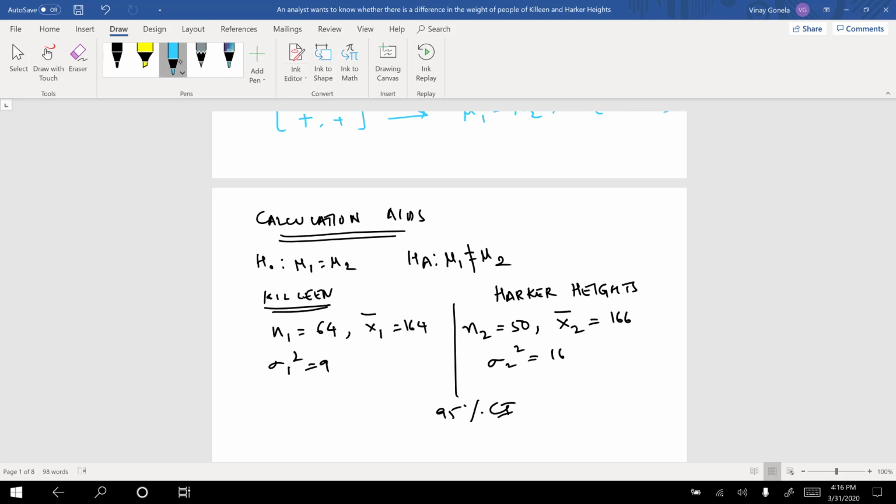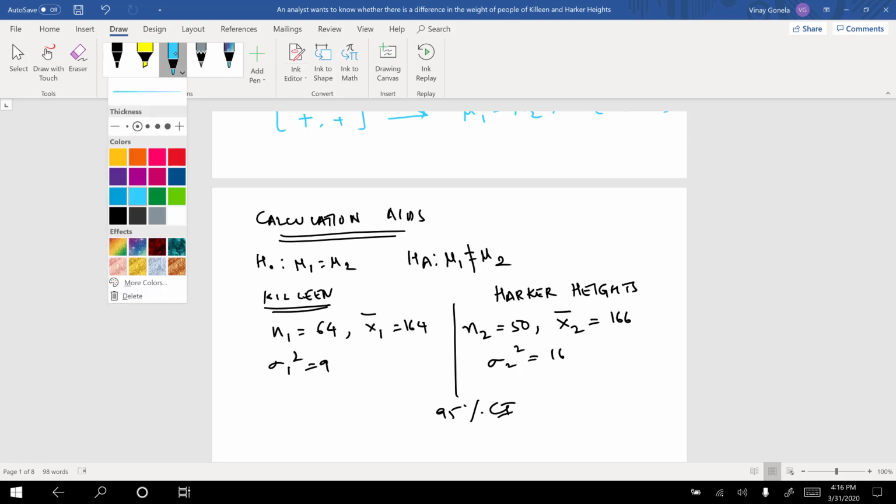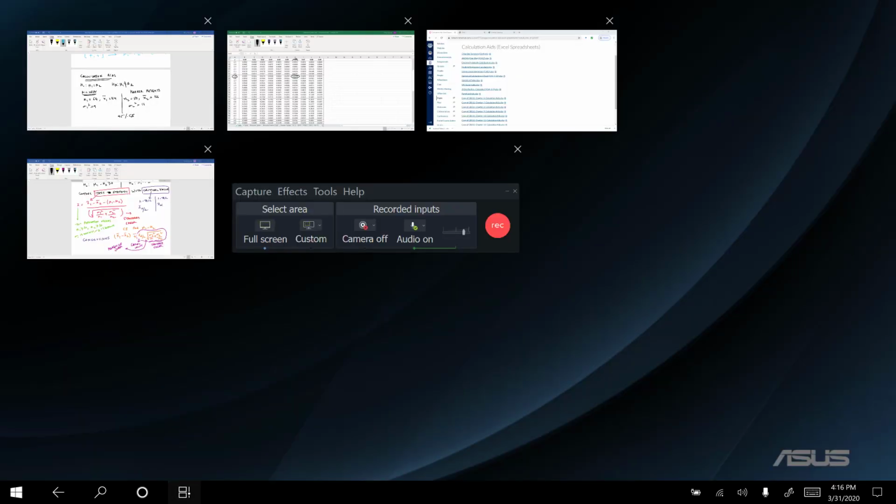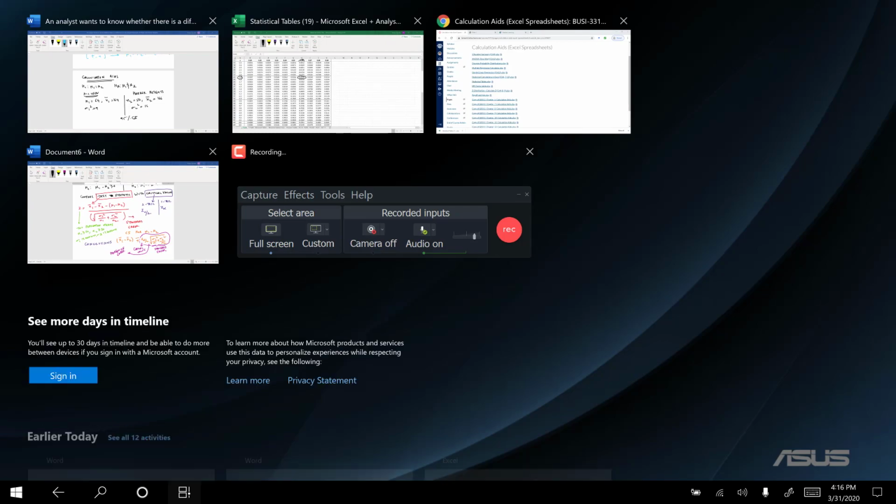So now I will go to our calculation aids and try to solve this problem.